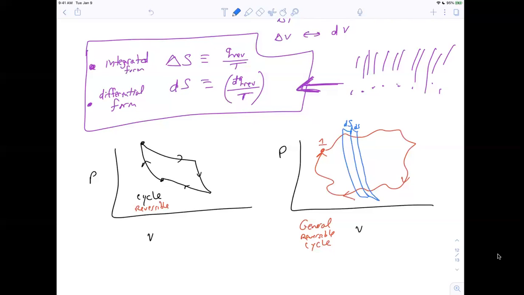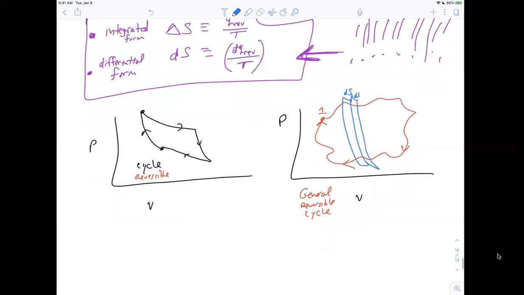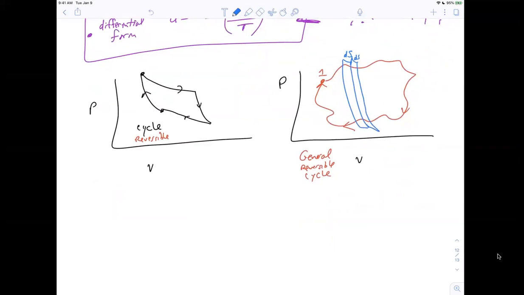That's how this notion of ds comes into play. Let's say you wanted to go from state one to state 1A, and compute delta S for 1 to 1A, which is just the entropy at state 1A minus the entropy at state 1.